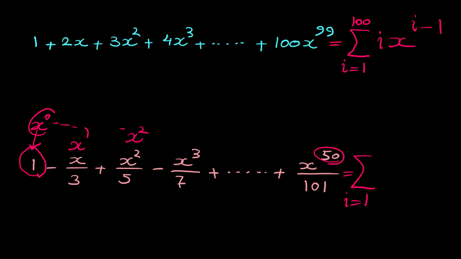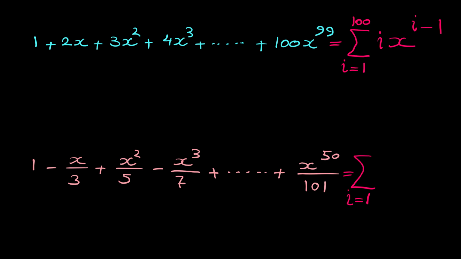So because we start from x to the 0, x to the 1, x to the 2, maybe you think to change this from 1 to 0 and up to 50. It's up to you. You can do it that way as well. But for now, let's start I from 1. Then I will show you, if you want to start I from 0, how you can do that.